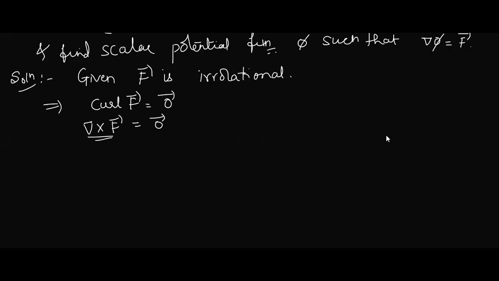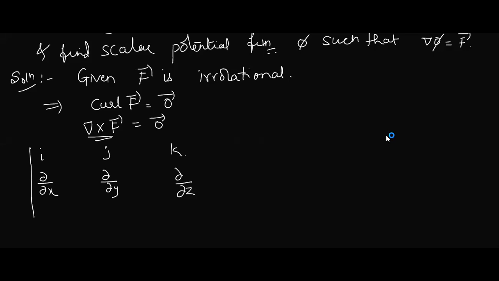Now, how can I write del cross F? It is written as a determinant: i, j, k in the first row, second row dou by dou x, dou by dou y and dou by dou z.